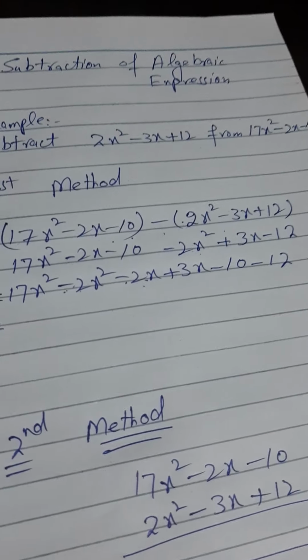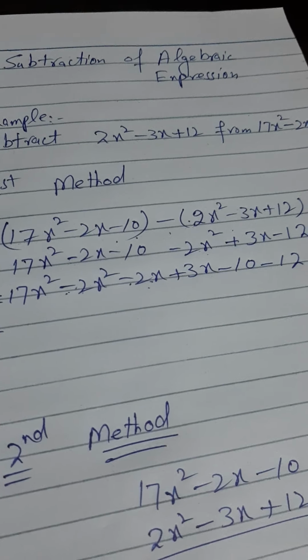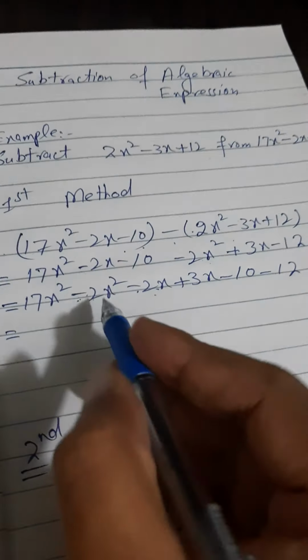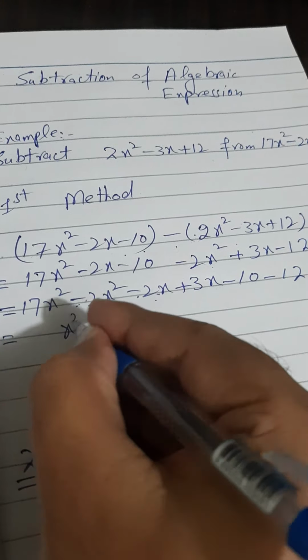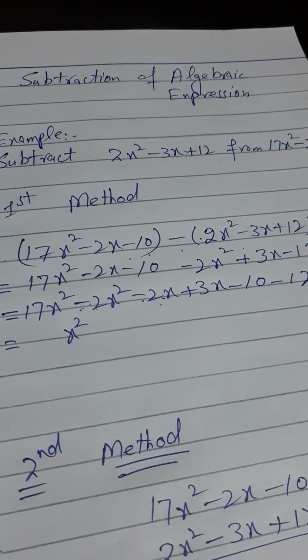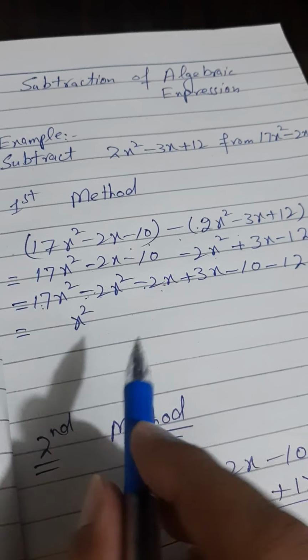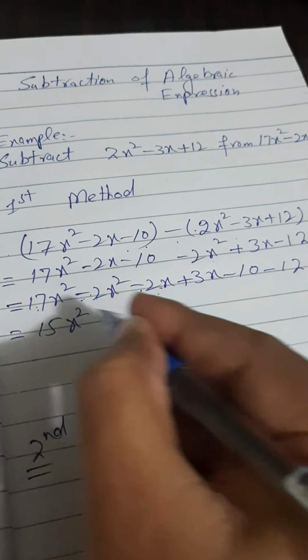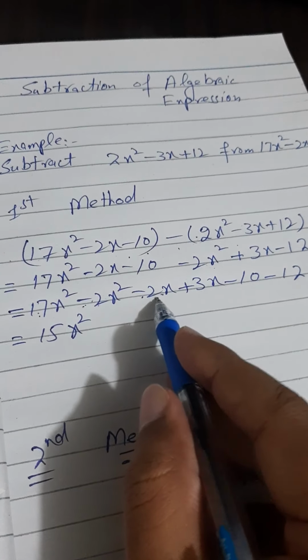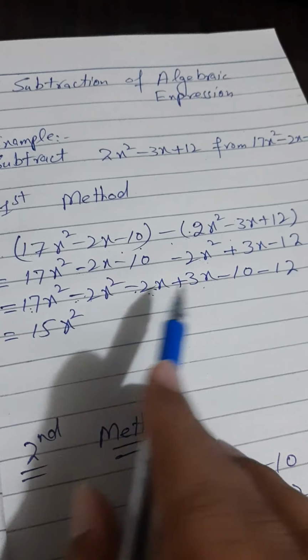Now the procedure is the same as addition. First we write the variable with its exponent. Now solve 17 minus 2, the answer is 15. Now we have to solve these two terms.